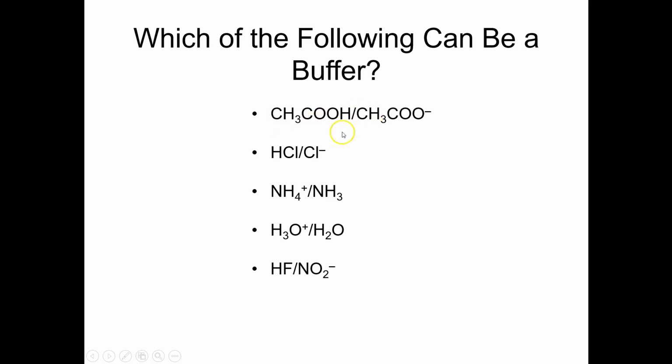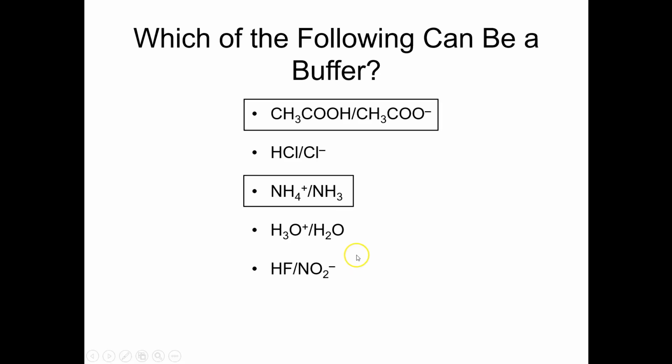I've got acetic acid with its conjugate base, acetate; hydrochloric acid with its conjugate base, chloride; ammonium and its conjugate base, ammonia; hydronium and its conjugate base, water; and then another weak acid, weak base pair, but they're not a conjugate pair, hydrofluoric acid and the nitrite anion. So which of these 5, if any, would comprise a buffer?